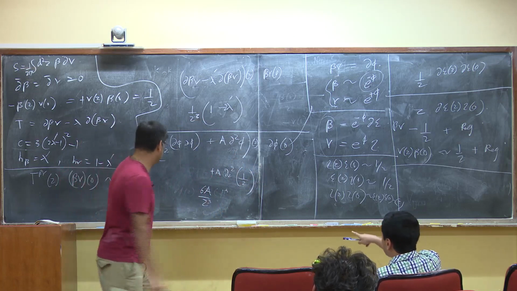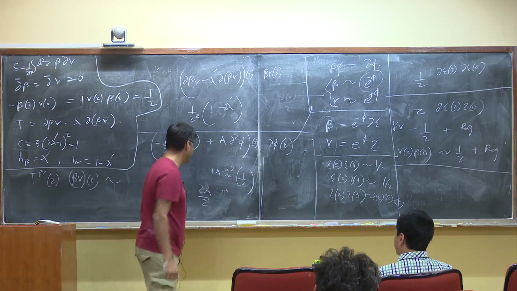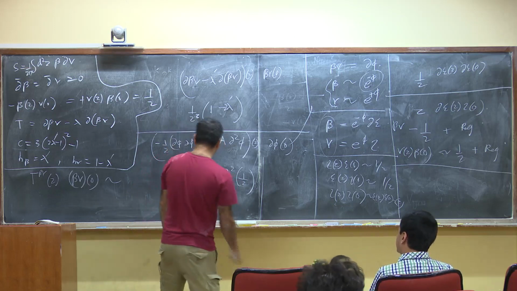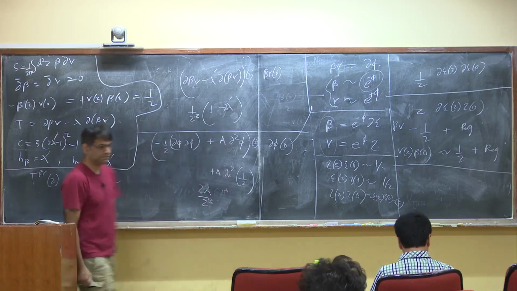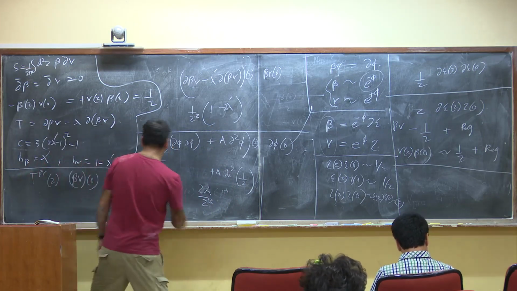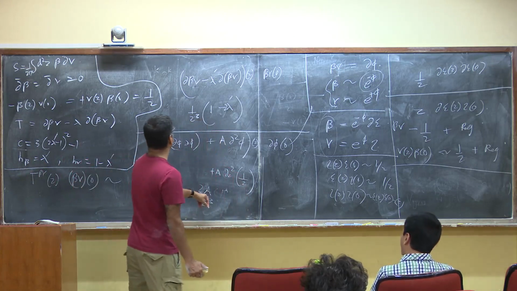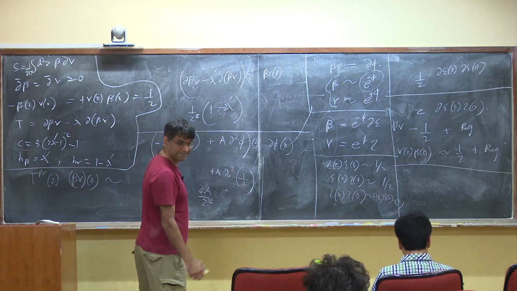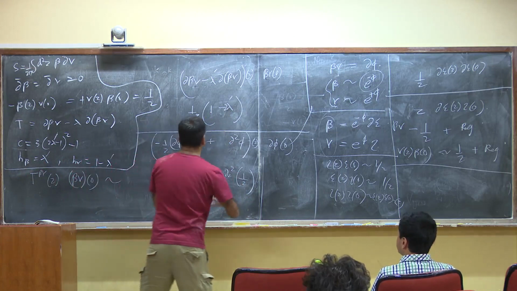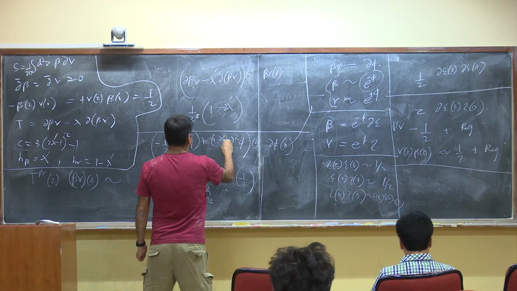Oh, not 6, I think. 2. Yes, 2, sorry, 2a over z cubed. Thank you. And therefore we conclude that for our stress tensor, 2a must match 1 minus 2 lambda prime. And so this a here had to be plus 1 minus 2 lambda prime by 2.